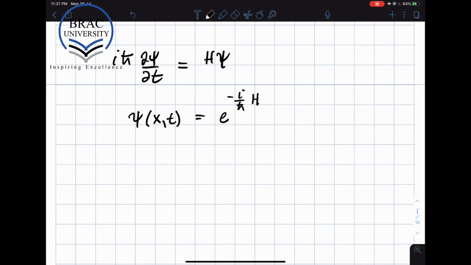H, the Hamiltonian, let me put a caret on it to denote the fact it's an operator, times t, acting on ψ(x, t0) at some time t0. Now what is this object? This object is a formal power series. So this thing is going to be given by this sum.